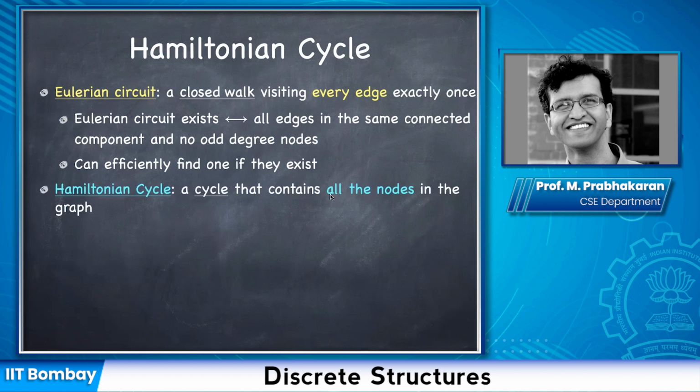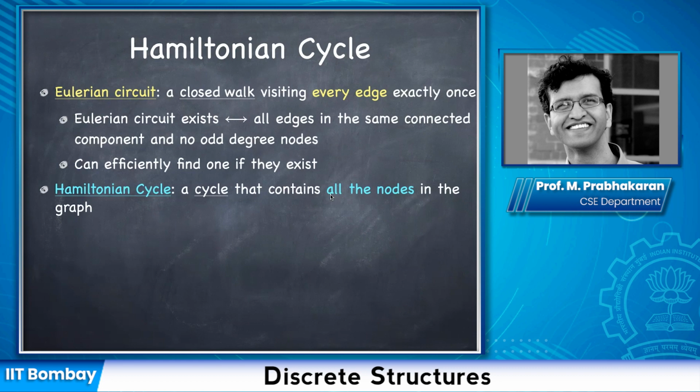So unlike an Eulerian circuit where you're trying to cover all the edges and you're free to pass through the nodes multiple times, here you are trying to cover all the nodes and you should go through each node only once. And in the process, you may not cover many edges.